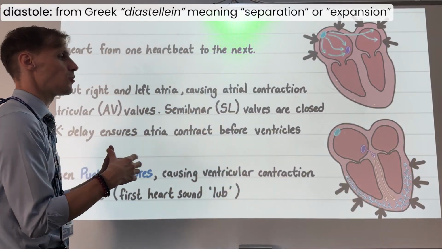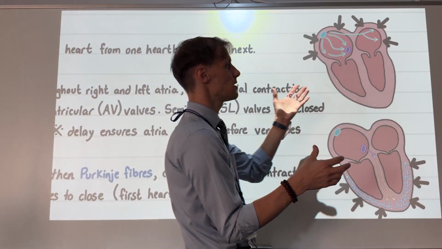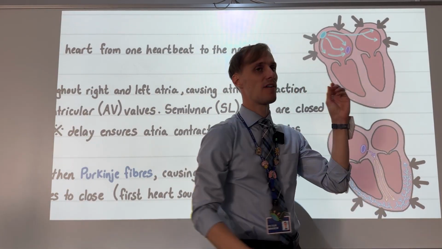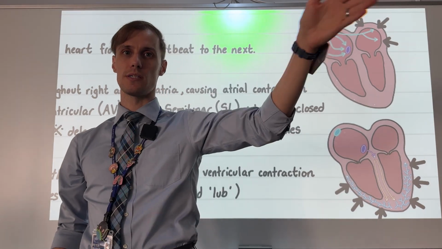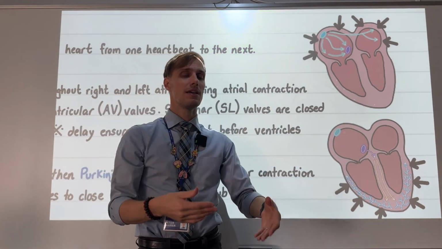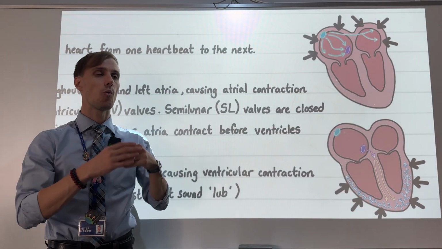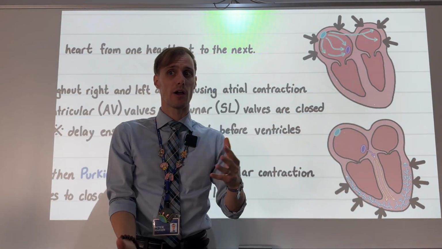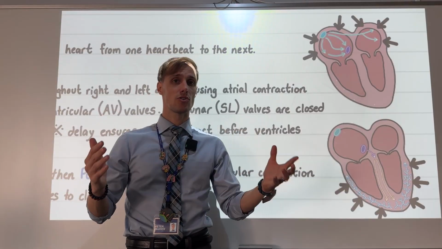So let's now go through what's really causing blood to go from atria to ventricles and then ventricles into arteries. For this to occur, they have to pass through valves. Now, valves, as we discussed, allow one-way flow of blood. And the way that valves work is really all to do with a pressure differential.